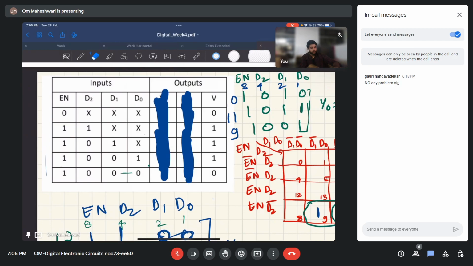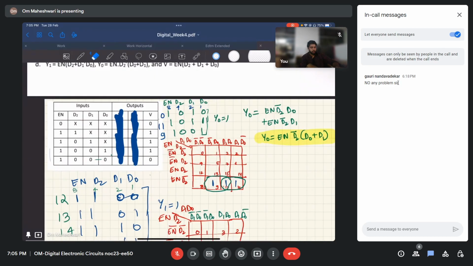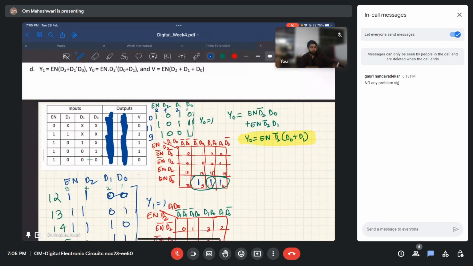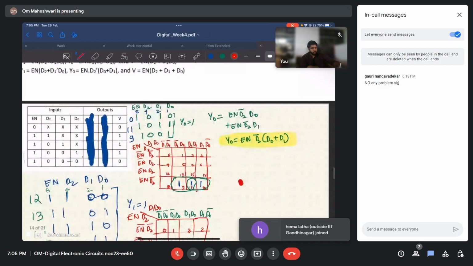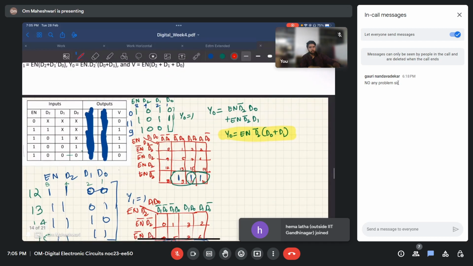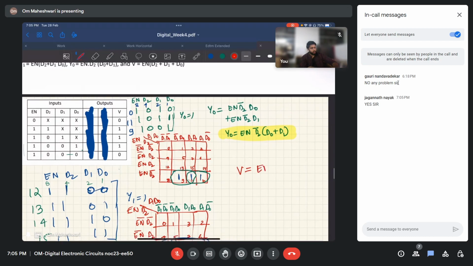So I'll just write the answer. I won't solve for V. Write the answer that you should get, and you can try it on your own. V equals to En D2, sorry, D2 plus D1 plus D0.